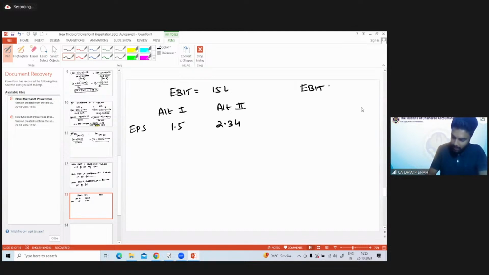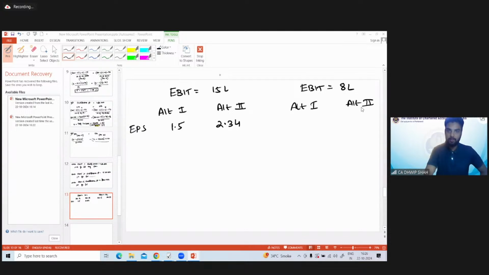When EBIT is equal to 8 lakh, alternative 1, alternative 2. Are you sure, everyone? Do you want me to solve this? Not 18 lakh, 8 lakh.